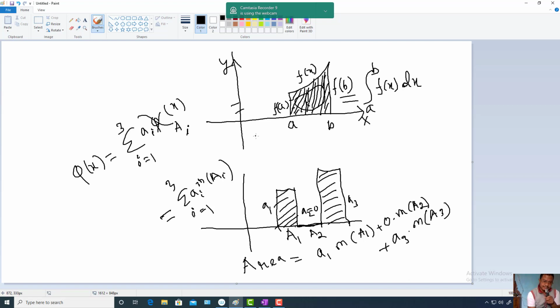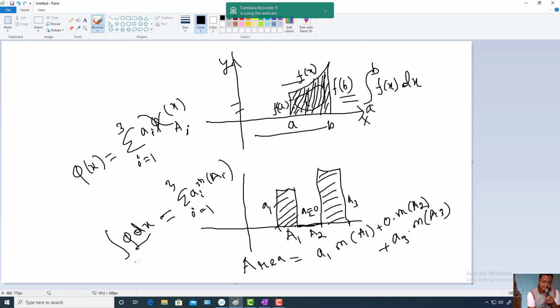According to the definition in our elementary calculus, integration means area. So this area is equal to the integral of phi dx. This is the general function f, but in our case the function is a simple function.